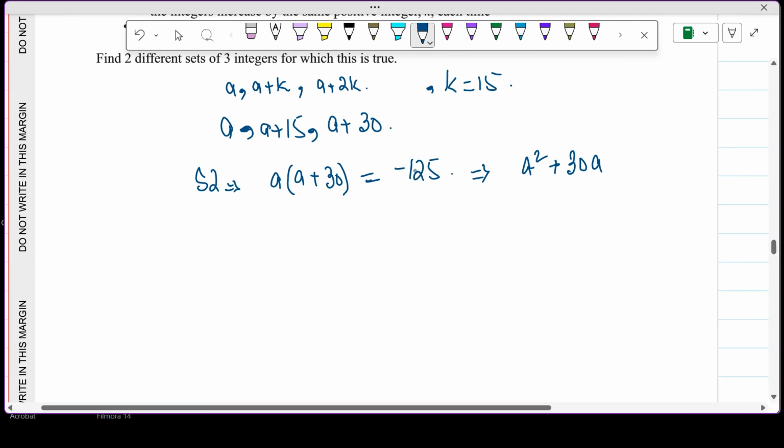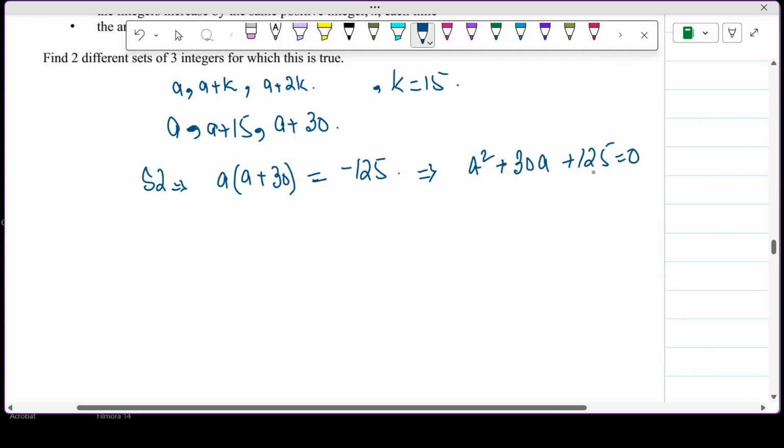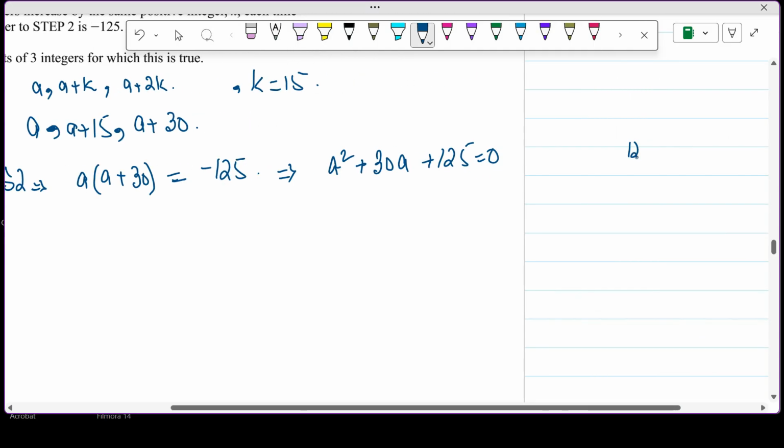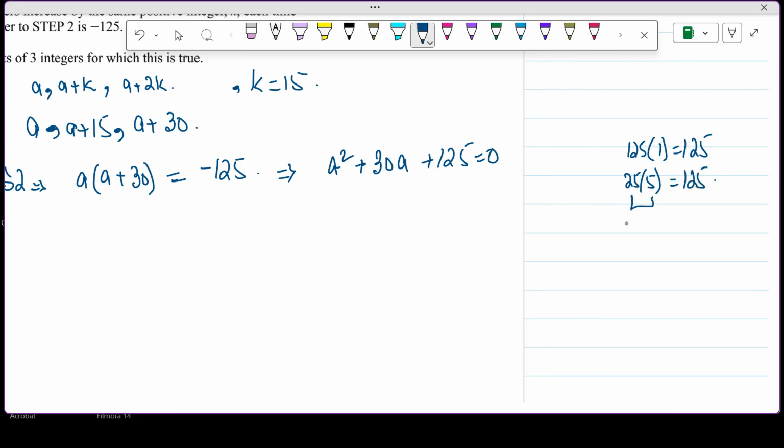When we move negative 125 to the left side, it becomes positive 125, equal to 0. So this is a quadratic equation and can be solved by factorization. For example, 125 times 1 is equal to 125, and 25 times 5 is equal to 125. And when we add these two numbers, 25 plus 5, we get 30.